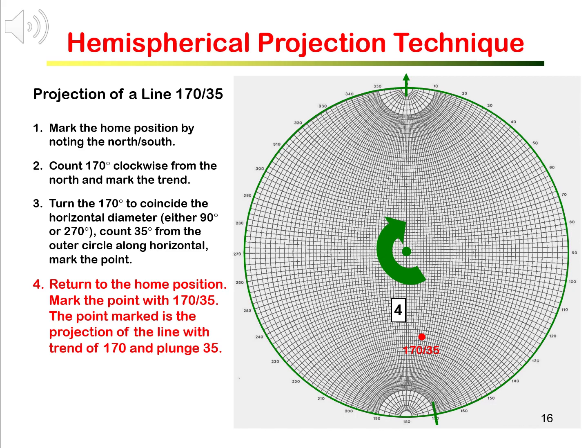The point you have marked in step 3 is the projection of line 170, 35. So you can put a note of 170 slash 35 next to the point as the final step to indicate the point is the projection of the line with trend of 170 and the plunge of 35.